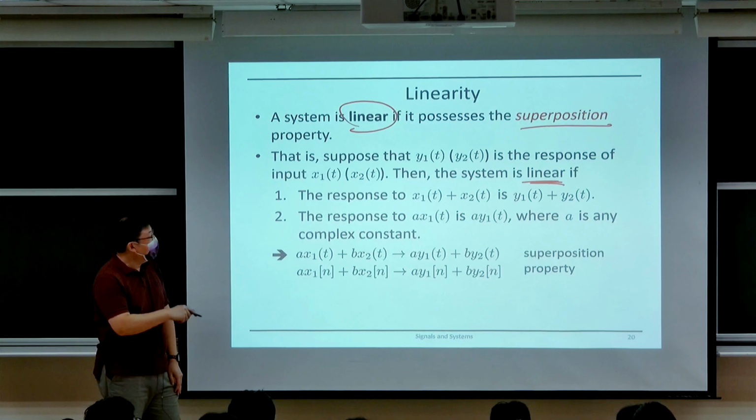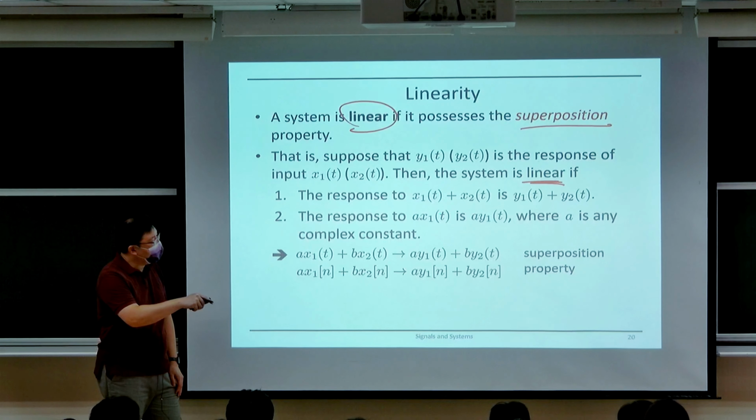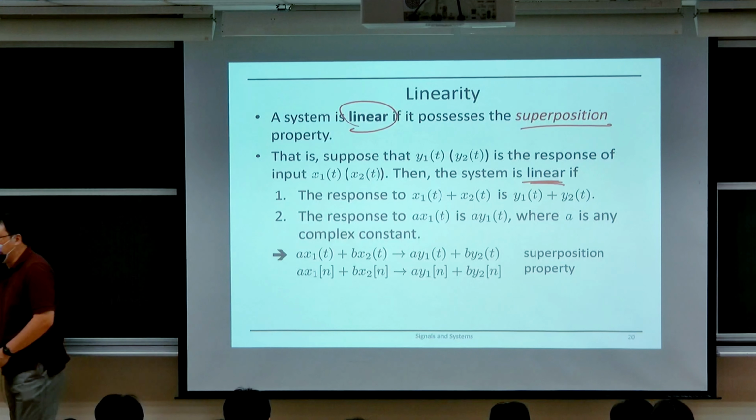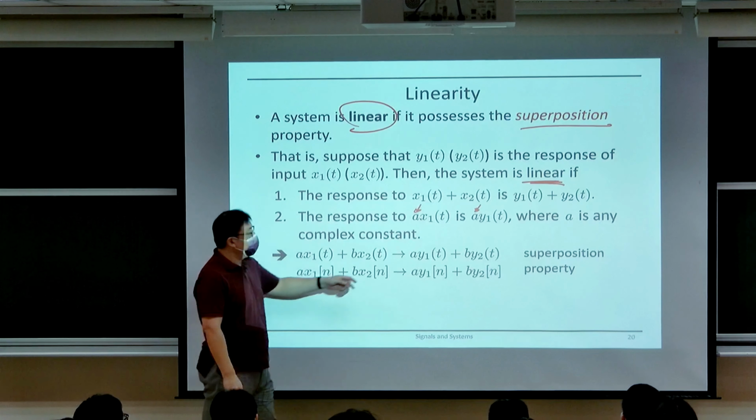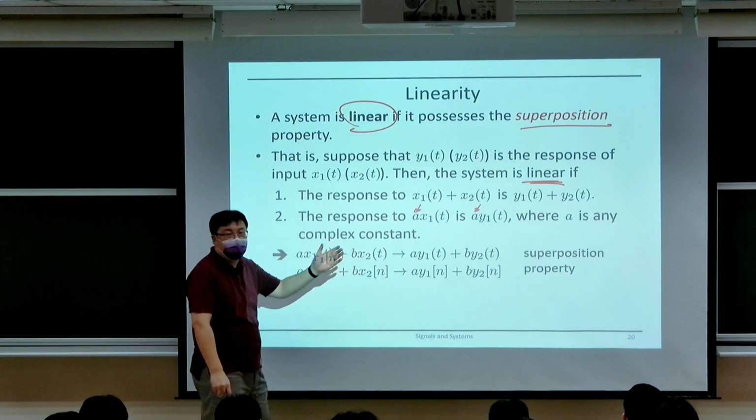And secondly, the response to a scaled version of the input is a scaled version of the output with the same scale. And this scale here, in general, can be complex.